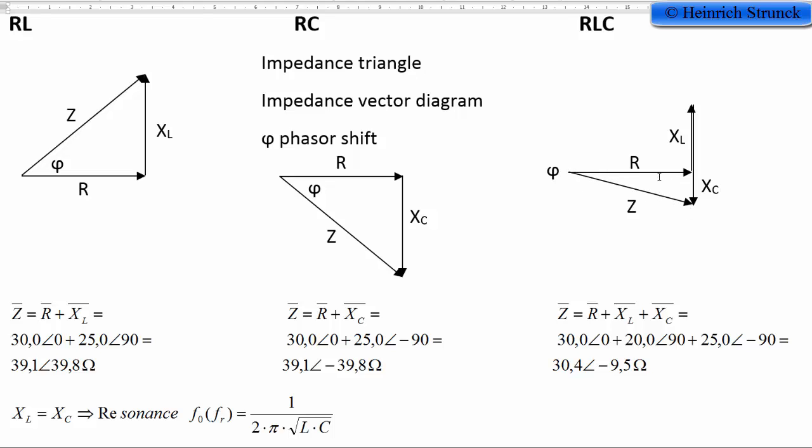It has a negative angle, and it could be this calculation: 30 ohm for the resistor, 20 ohm for the inductor, and 25 ohm for the capacitor, and totally we get an impedance of 30.4 ohm at an angle of negative 9.5 degrees.